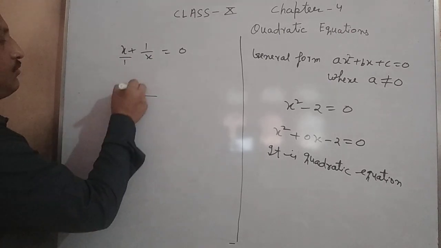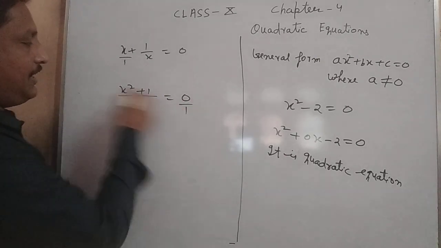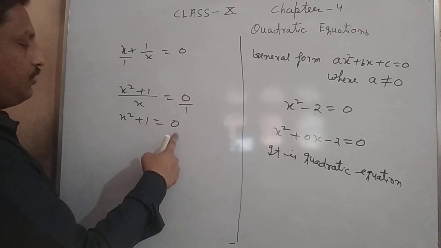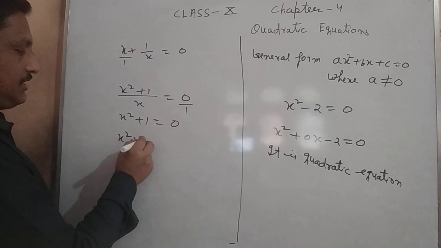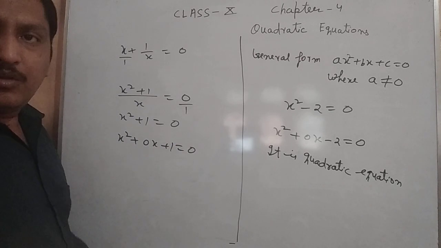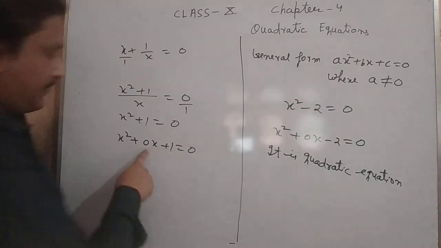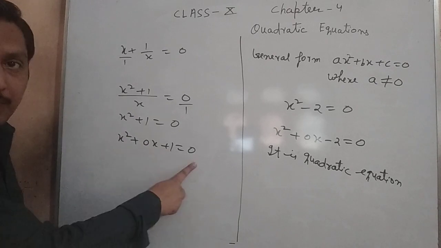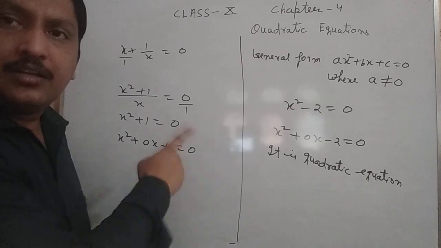Now this is x square plus 1 equals to 0. Now cross multiply: x square plus 1 equals to 0. So we can write it as x square plus 0x plus 1 equals to 0, because here there is no term of x, so we can write 0x. So this is in the standard form and it has a degree 2, so it is a quadratic equation.